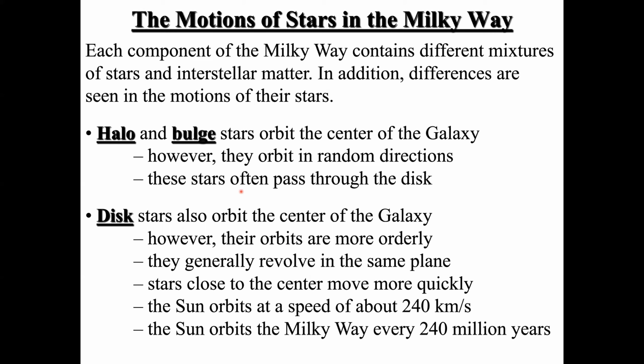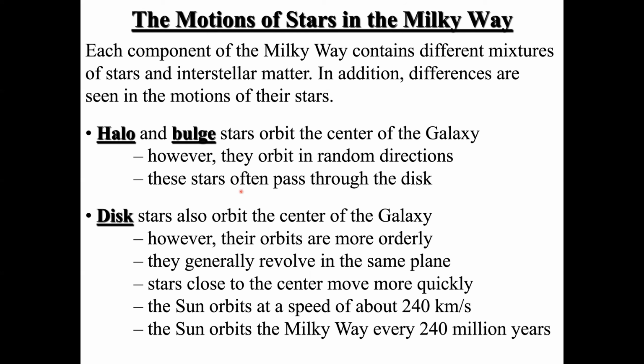There is no proper order of movement for the stars in the halo and bulge. However, in the galactic disk, all the stars orbit the center of the galaxy in an order, which means they all revolve in a certain direction very nicely.